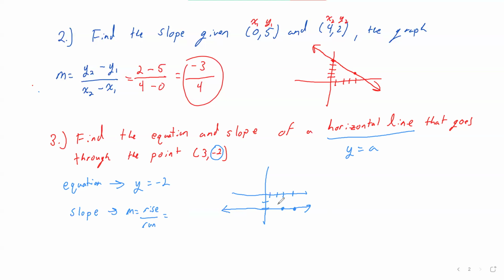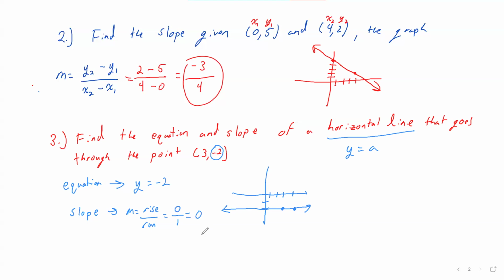Remember, rise is up or down. So rising here, I didn't go up at all. I just went right. And if I wanted another point, I'd go another right, and so on and so on. So since I did not go up, I did not rise. So my answer to rise would be 0. Now my run would be the 1 that you were talking about. I did run 1. But what is 0 divided by 1?